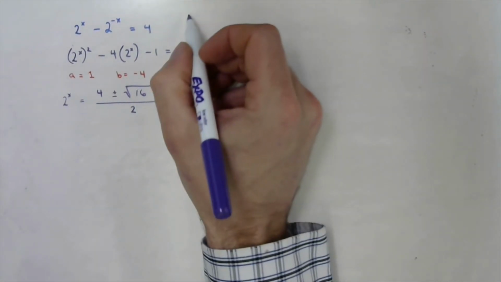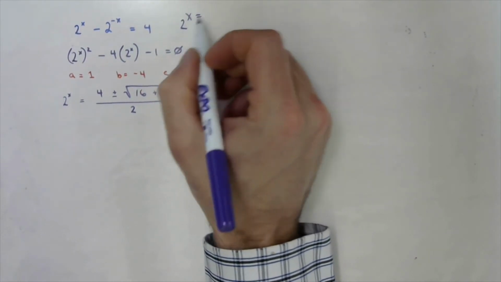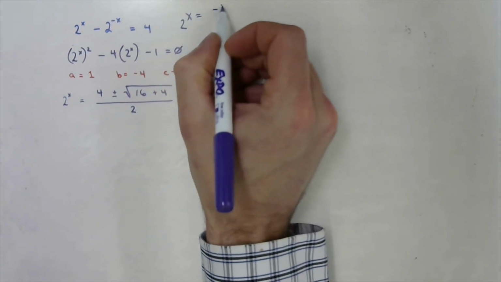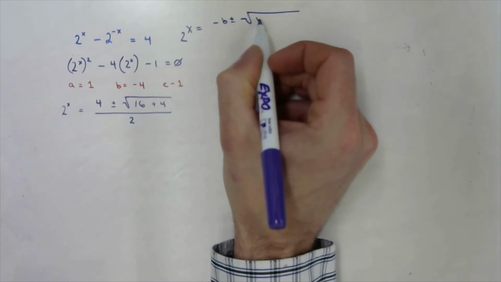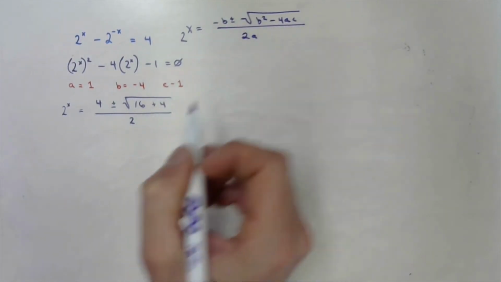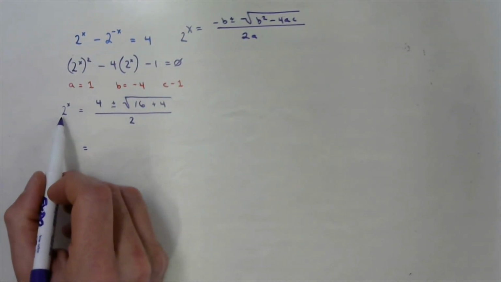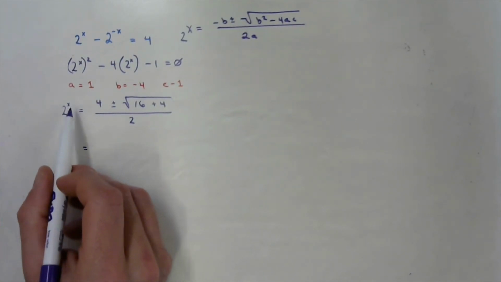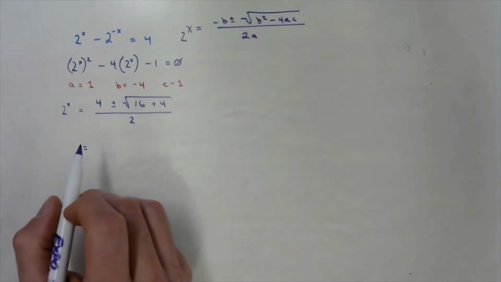If this is not helping you at all, you can write the quadratic formula up here, -b plus or minus square root of b squared minus 4ac over 2a. And now we're just working it out. And when we get to the end, we're going to be in a situation where we have 2 to the power of x is the solution that we're getting. We still need to figure out x after that.